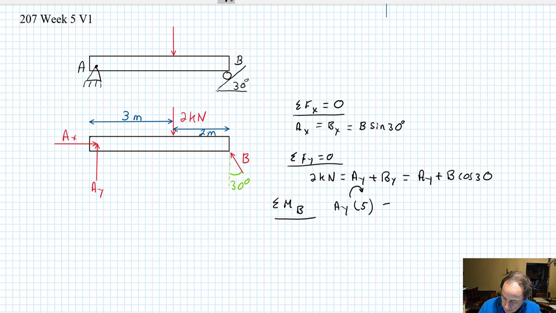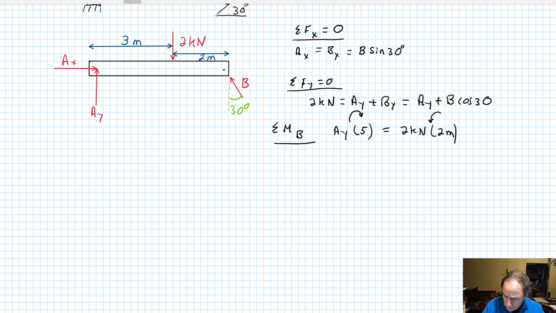That has to be balanced by the 2 kilonewton force acting at 2 meters, which is trying to rotate the whole thing the other way. Now, the AX goes through point B. We're taking point B to be there. Goes through point B, so AX does not create a moment.